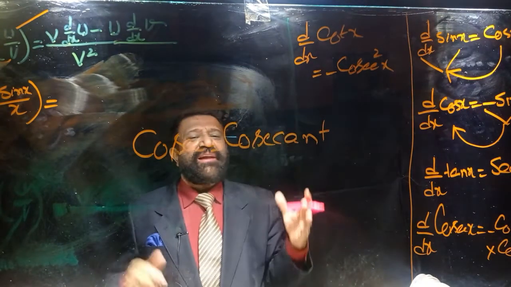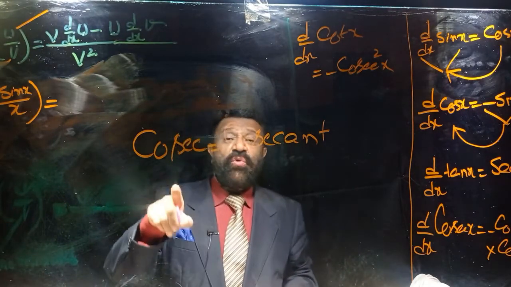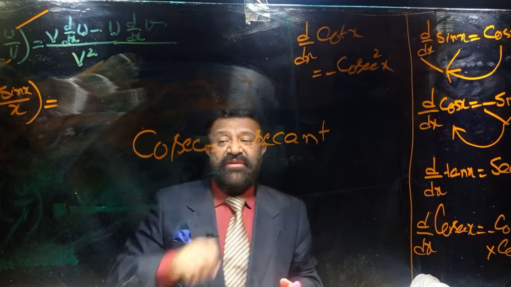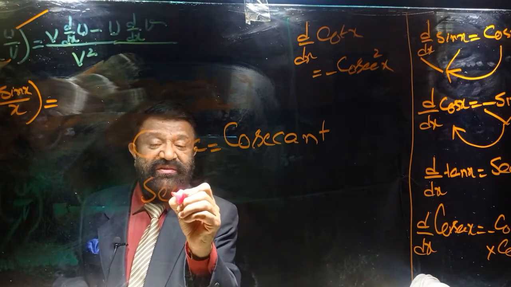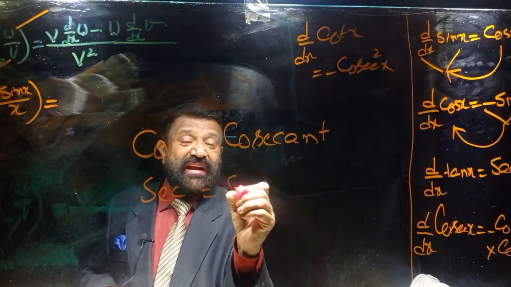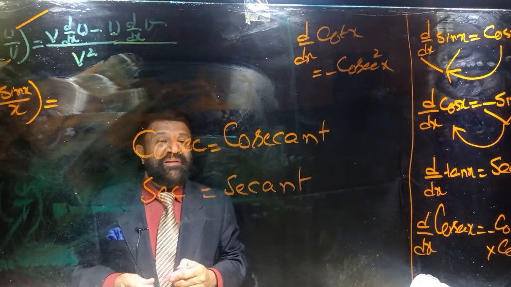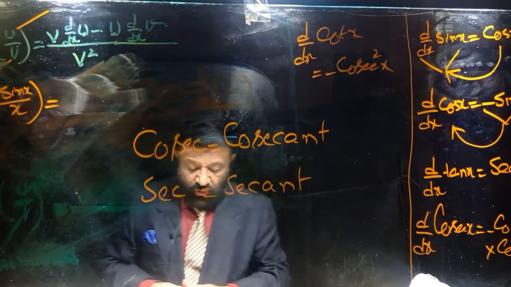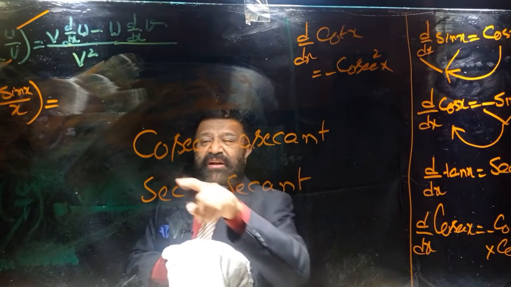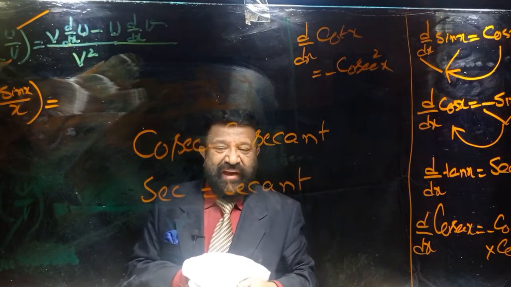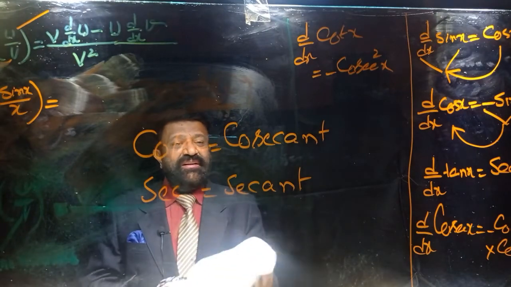So instead of writing cosecant again and again, I write cosec. Similarly, I write sec, that is secant. So you should remember that once I have written cosec, it means cosecant. When I have written sec, that is secant.